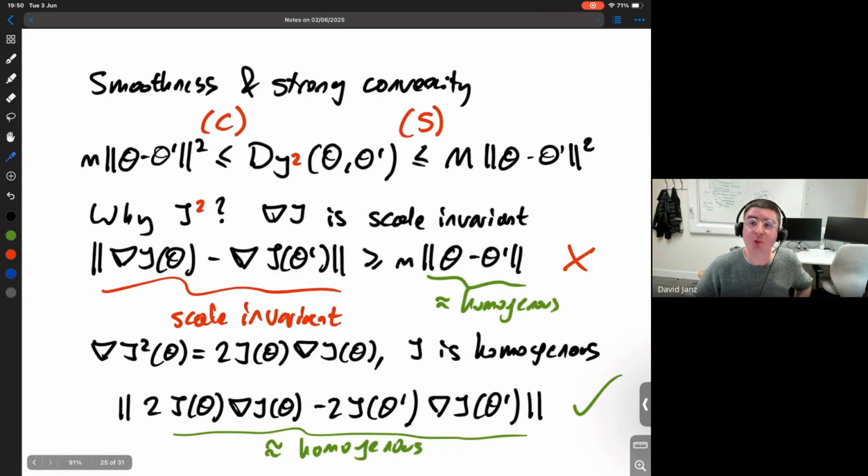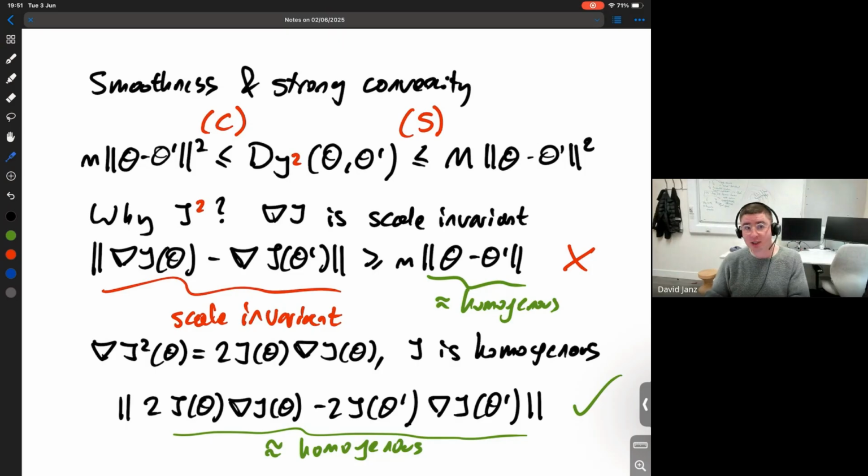Now, this is almost what we're going to ask for. We're actually going to ask that the Bregman divergence of J squared, not of J, is lower and upper bounded by the difference in some norm. This doesn't need to be the two norm. This can be any norm you like. But that you have smoothness and strong convexity with respect to some norm.